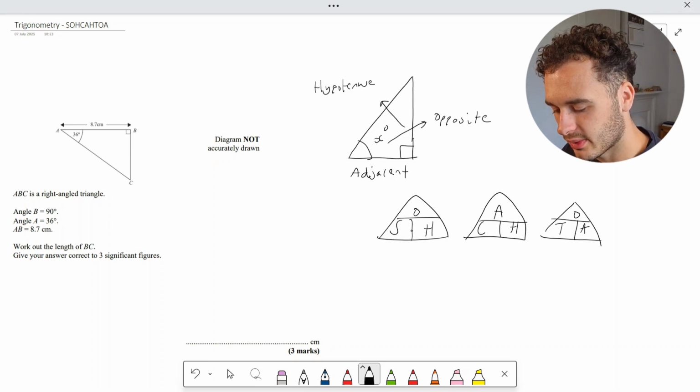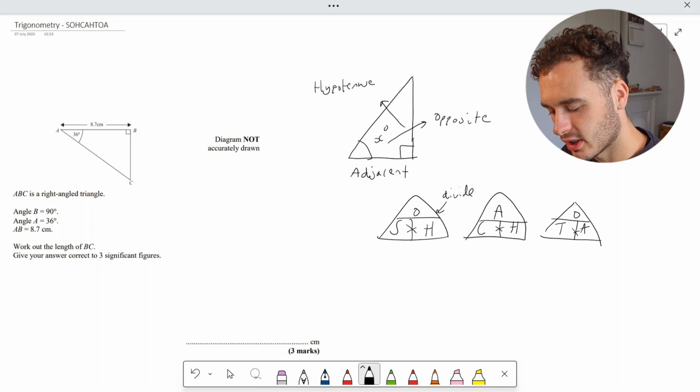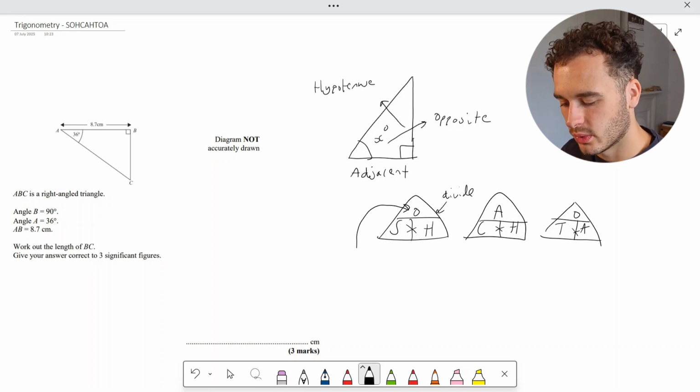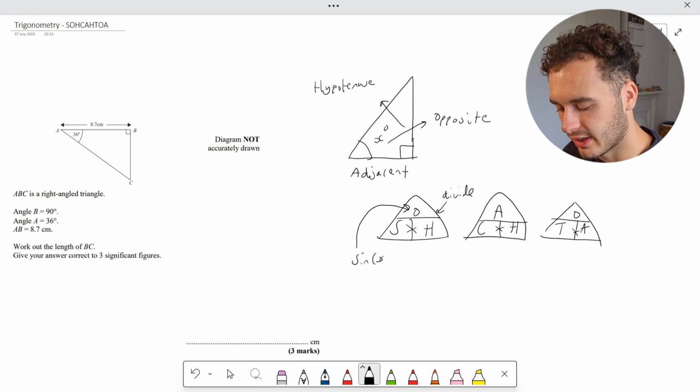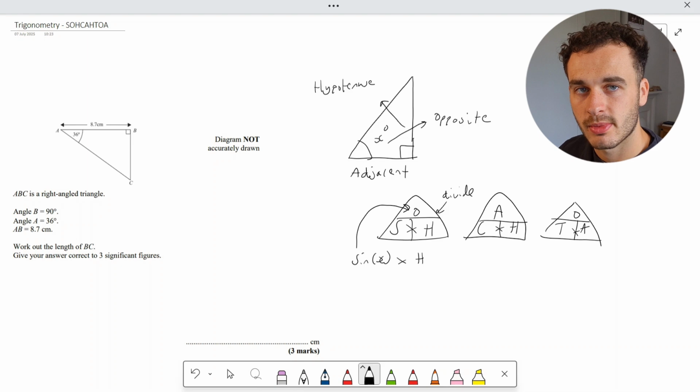But this line down here in the middle between them means we multiply, and this line going across means divide. So for example, if we want to find the opposite side of a right-angled triangle, we will do sine of the angle times by the hypotenuse. But this is going to make more sense as we dive into some examples.